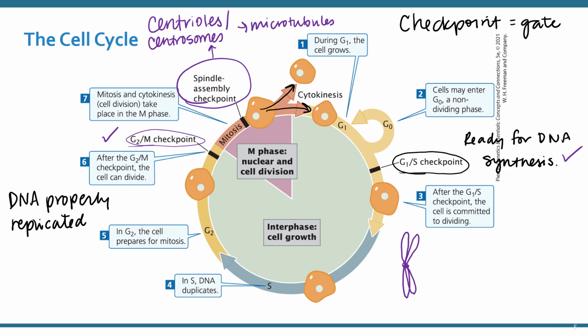If at any point the cell encounters a problem, it's going to stop at the checkpoint. And then one of two things can happen. One, the cell cycle can pause until everything catches up. So maybe there was a little nutrient deficiency for a while, and now we're good, and now we can get going.